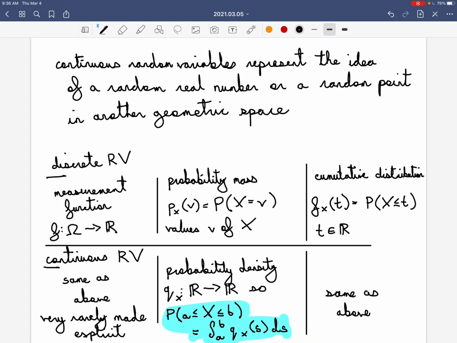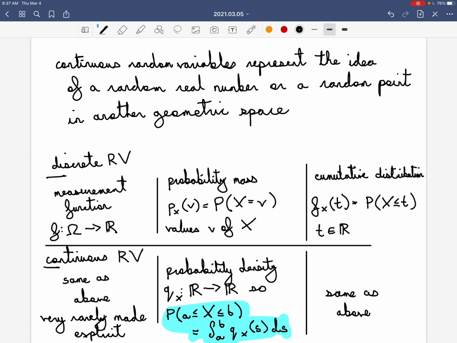On the other hand, let's say you pick a is minus 0.0001 and b is 0.0001. So you pick a tiny little interval where a is just a little bit less than b. Then you have a very, very short interval where you're integrating the density, and because that interval is so short, it gives you a very small number for the probability that this random variable is in this tiny little interval.